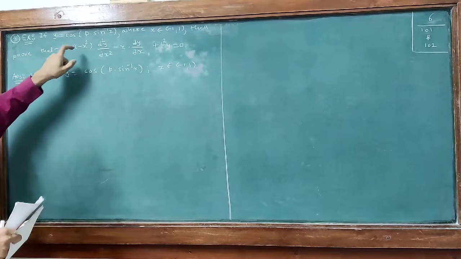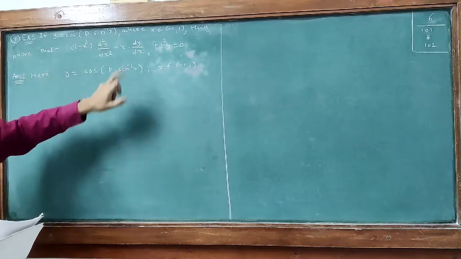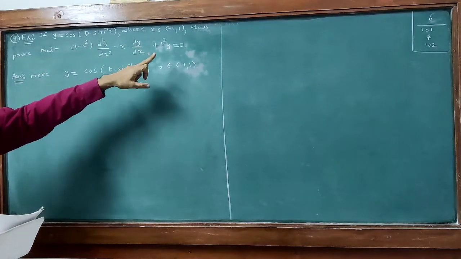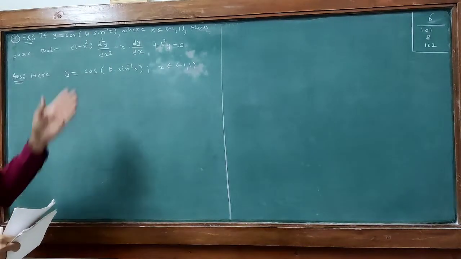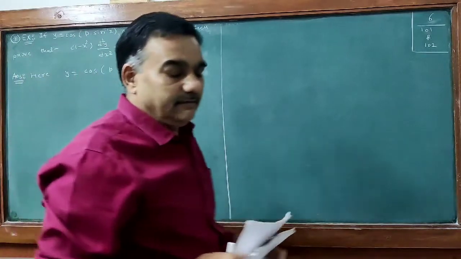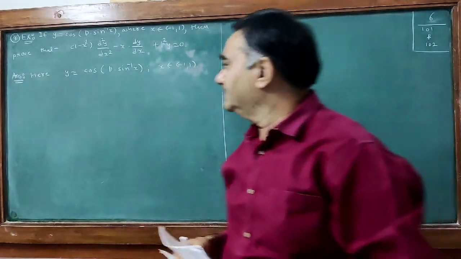Then we want to prove that (1 minus x square) d square y by dx square minus x dy by dx plus p square y equals 0. You have done this in standard 12.